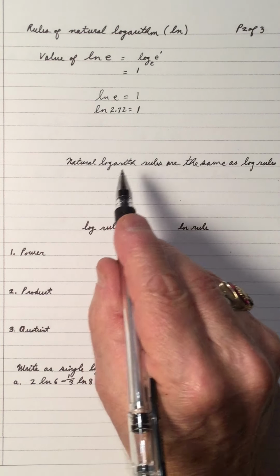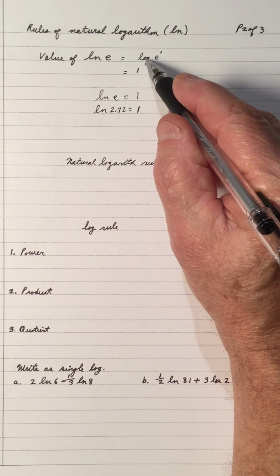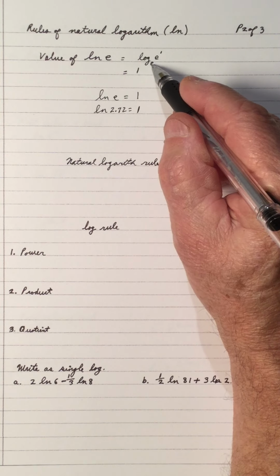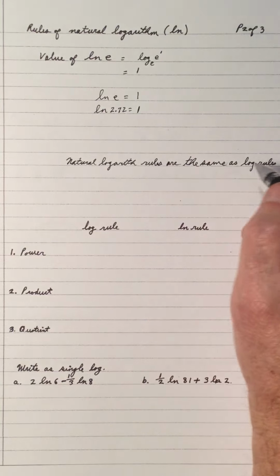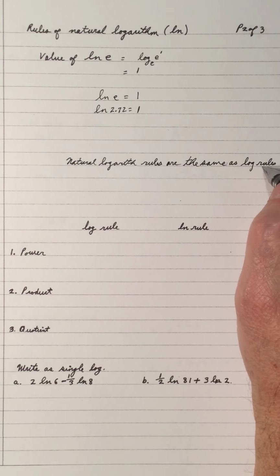So if the ln is the same as log to the base e, then the natural logarithm rules are the same as the log rules.